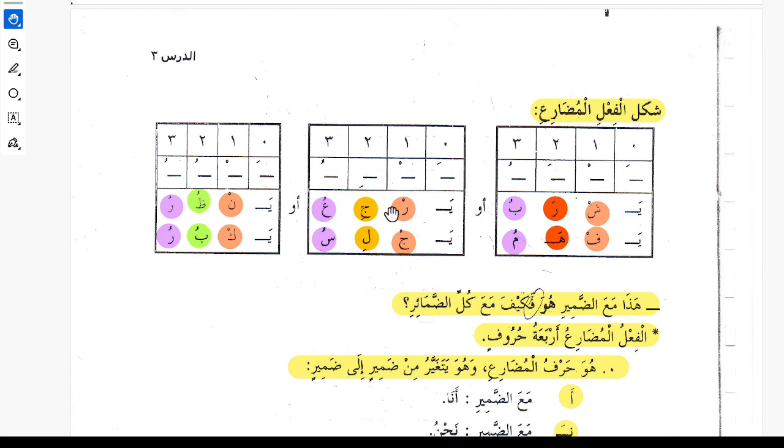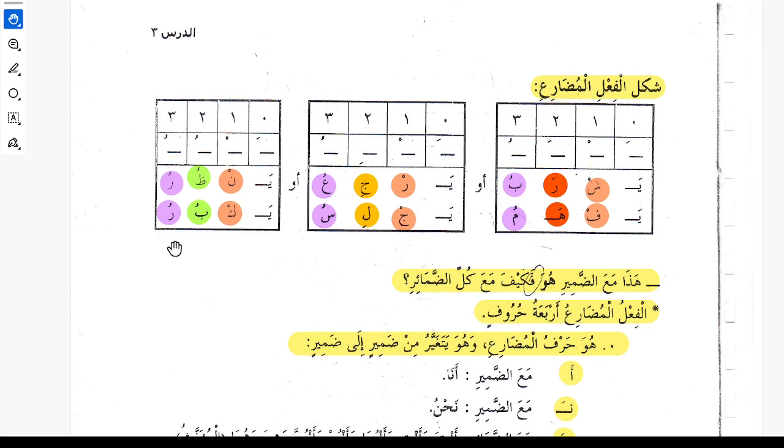Raja'a means to return. Yarjiu, he returns. Jalasa, to sit. Yajlisu, he sits, present tense. Nazara, to look. Yanzuru, he looks. Kabura, again, he became older, bigger. Yakbaru, he becomes bigger.